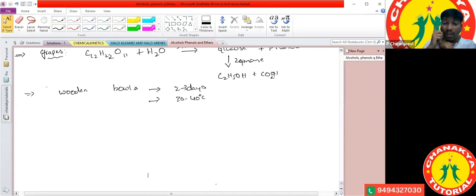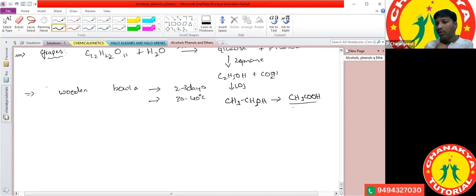At the same time, if you place it in atmospheric air, it undergoes an oxidation reaction. For example, after forming ethanol, if we keep it more days, it is exposed to atmospheric air and undergoes oxidation, and ethyl alcohol CH3CH2OH is converted into acetic acid, CH3COOH.